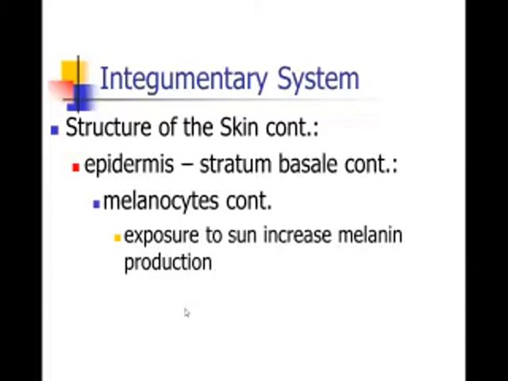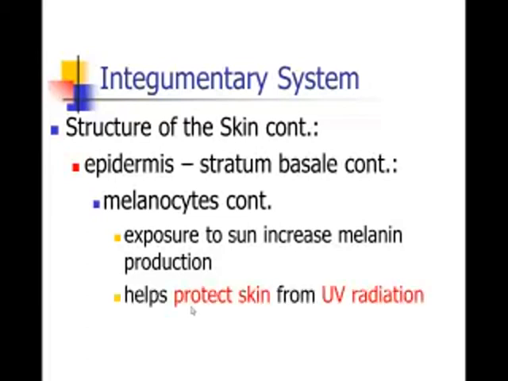If you're exposed to sunlight when you go outside, the exposure to the sunlight causes the melanocytes to produce melanin, and the melanin does a couple of things for us. It protects the skin from UV radiation.